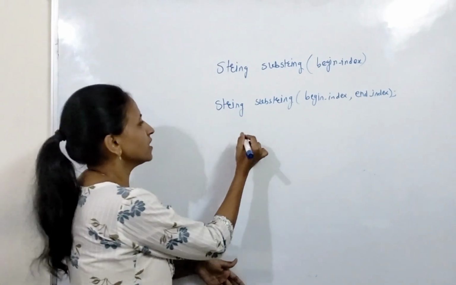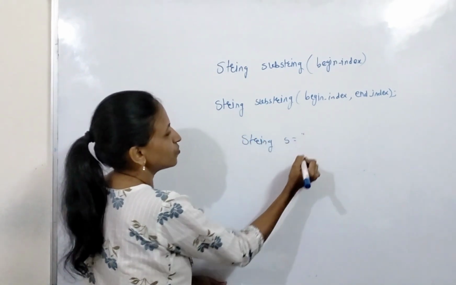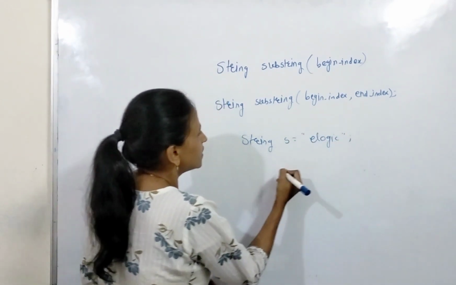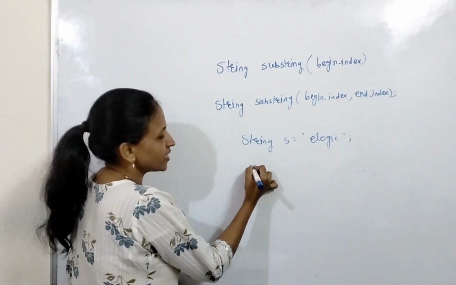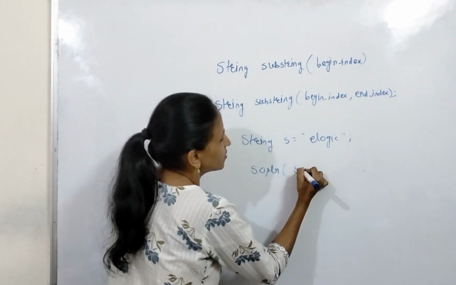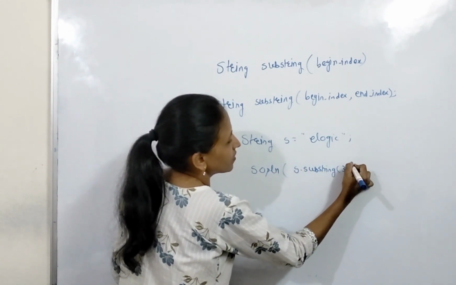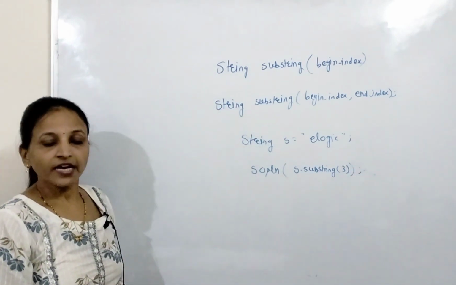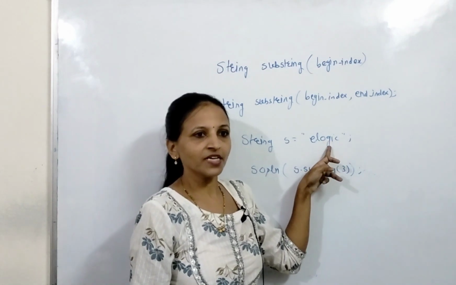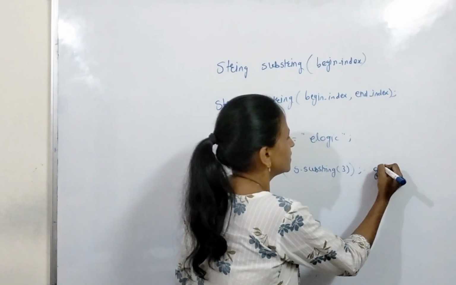Now let's declare a string variable, String s equal to eLogic. If we write sopln s dot substring of 3, then you will get output, 0 1 2 3, from 3 up to the end, it will display GIC.